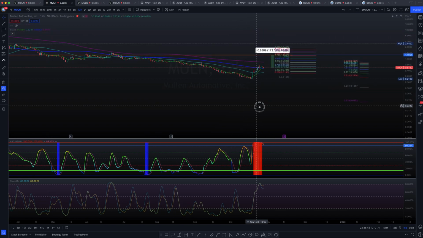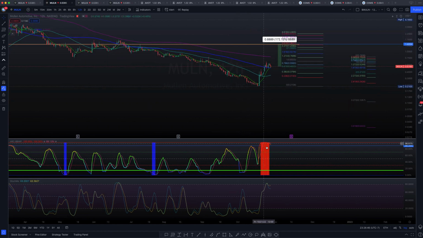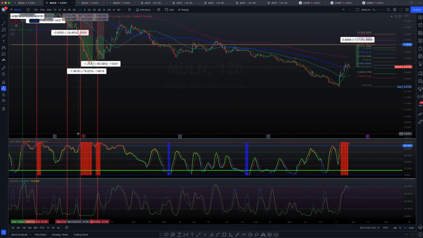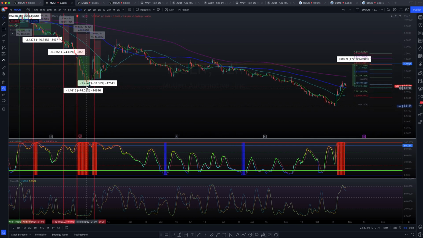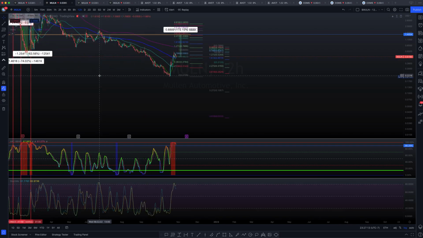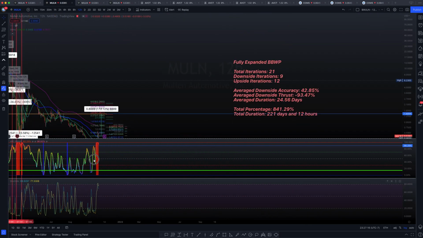This is what I measured every single time we have reached the critical areas of volatility, meaning that we have reached above the 90th percentile of volatility. I have taken a count of every single iteration by hand and measured the thrust of upside or downside and the duration of each iteration, and came up with these averages here.